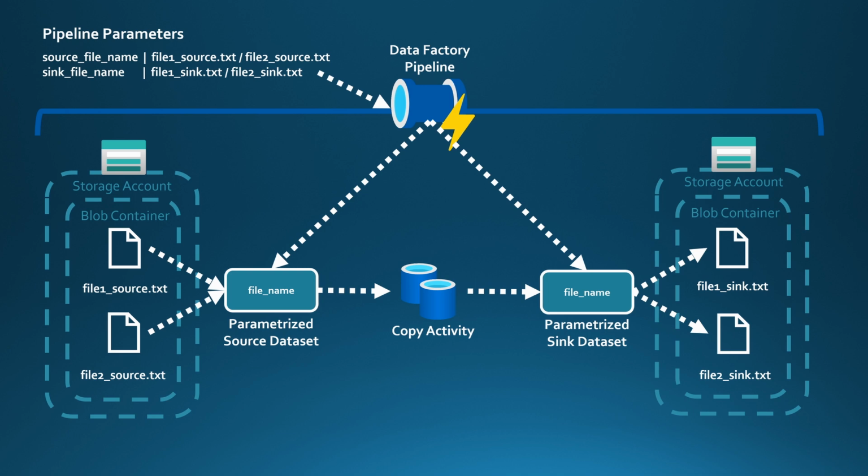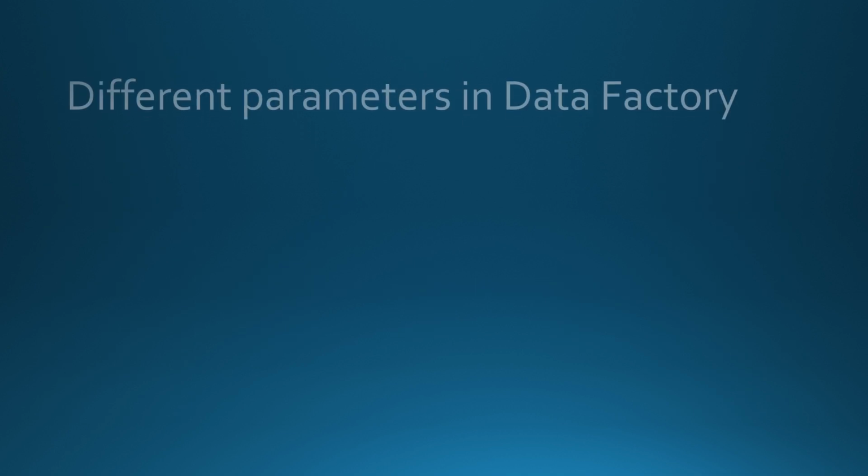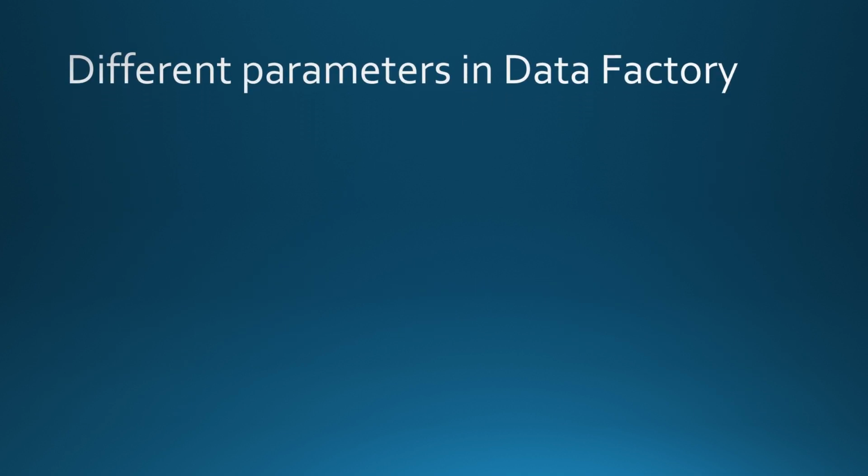I understand that this can seem a bit confusing at first, but when we get to the Data Factory demo part of this video, then this will hopefully become a lot clearer how this parameterization and passing down those parameters works in action.